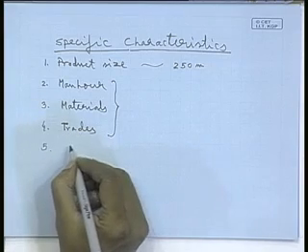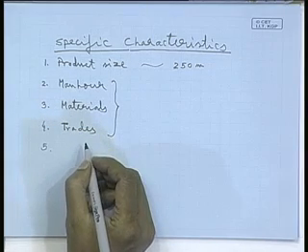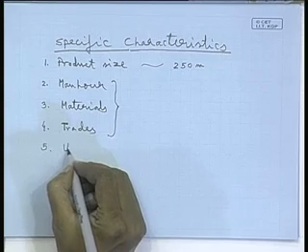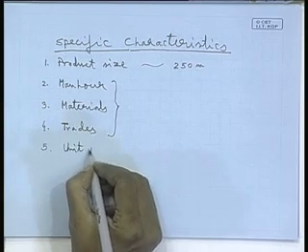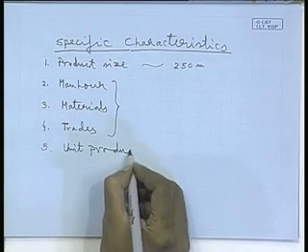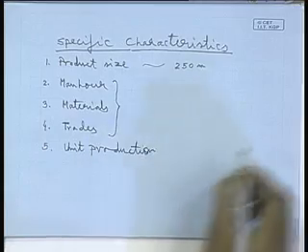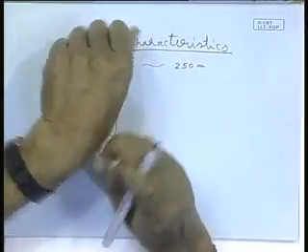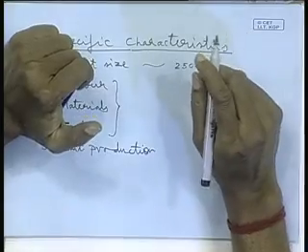Next, very typical of this shipbuilding industry, it can be mentioned like this, it is a case of unit production. What does that mean, unit production? That means here we do not have a scenario of mass production.